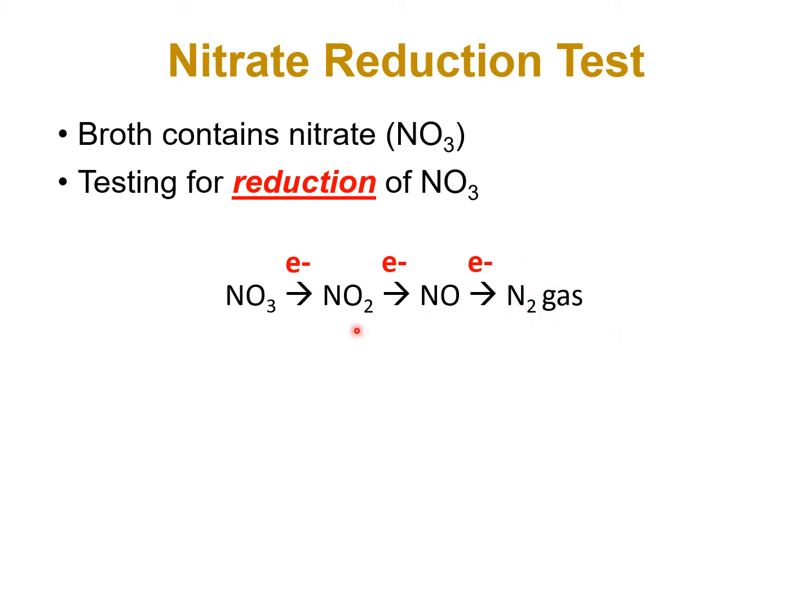Now, does that mean all bacteria capable of reducing nitrate have to go through this whole process? Absolutely not. Some bacteria, as the nitrate is being reduced, will only reduce it to nitrite, and that's it. The reaction stops right here. But some bacteria out there have the capability of going all the way to nitrogen gas.